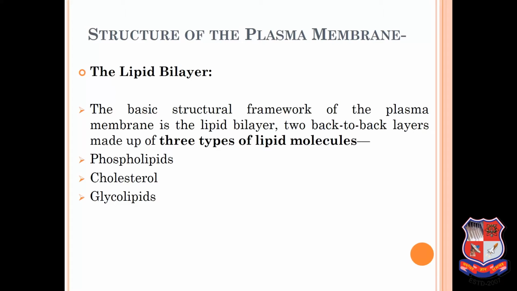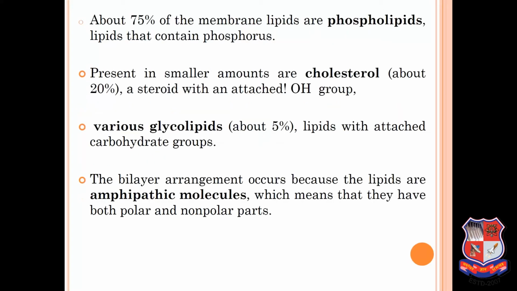The basic structure of the plasma membrane is the lipid bilayer, two back-to-back layers, and it is made up of three types of lipid molecules: phospholipids, cholesterol, and glycolipids. About 75% of membrane lipids are phospholipids, which contain phosphorus.